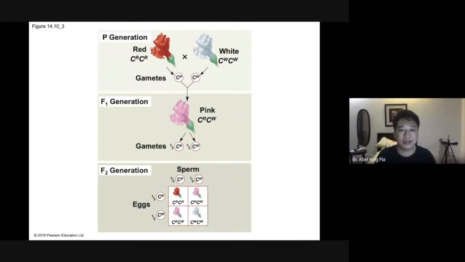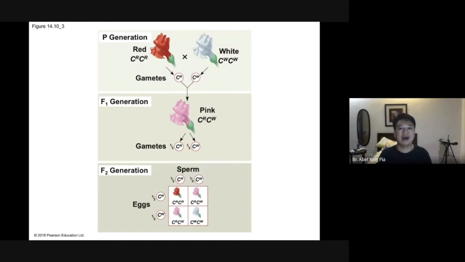So, by the way, sinabi ko na ba na this is an example of incomplete dominance? Ayan naman, obvious kasi katulad ng sinabi ko kanina sa example natin. Red and white, pero dun sa first filial generation, ang result ay pink. So, mapapansin nyo rin, both of the alleles are, in this case, dominant.